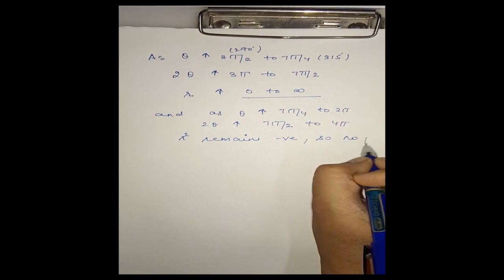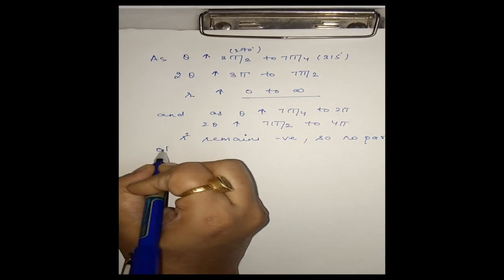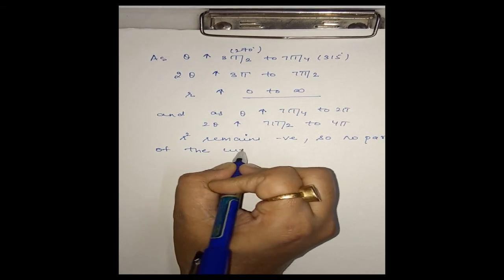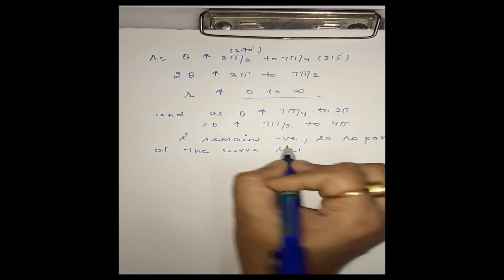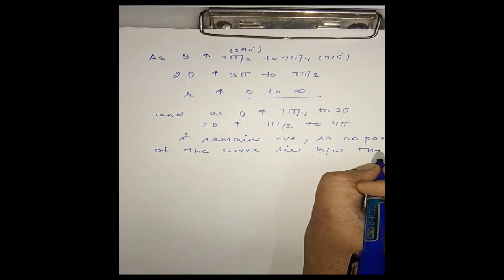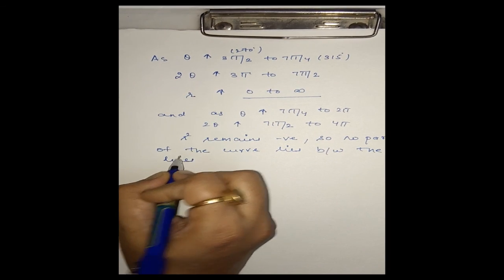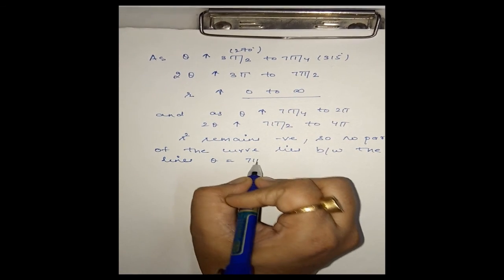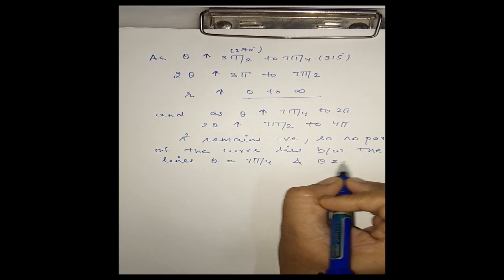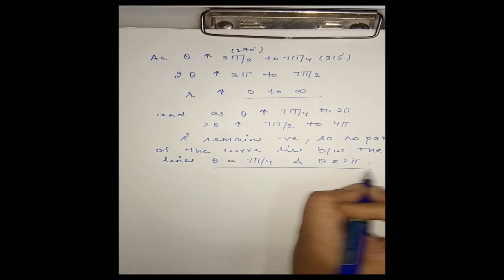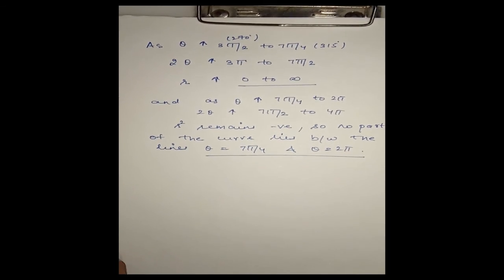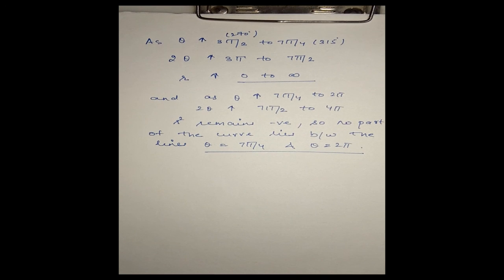So no part of the curve lies between the lines theta is equal to 7 pi by 4 and theta is equal to 2 pi. From all these observations we can now easily trace our curve.